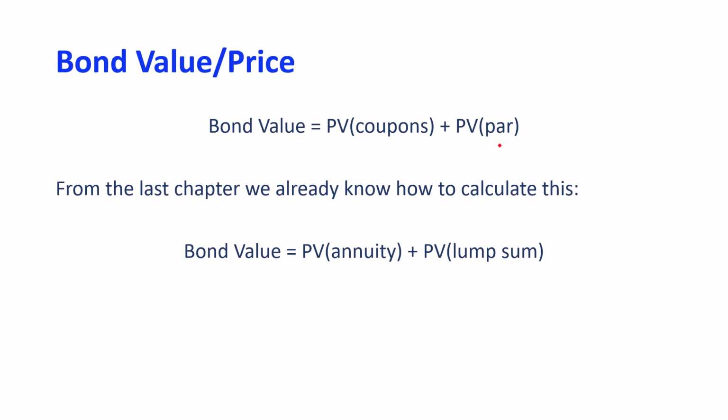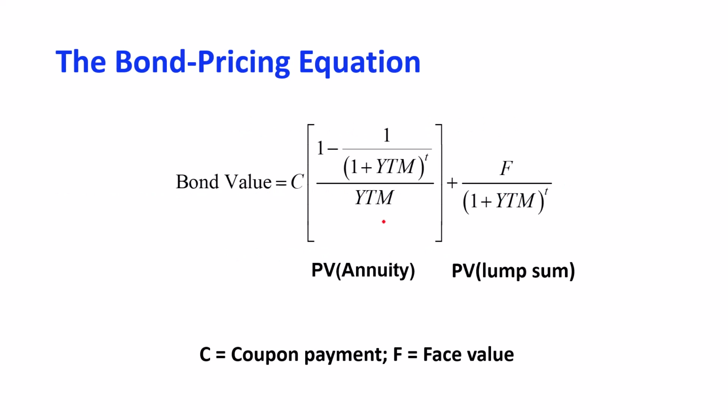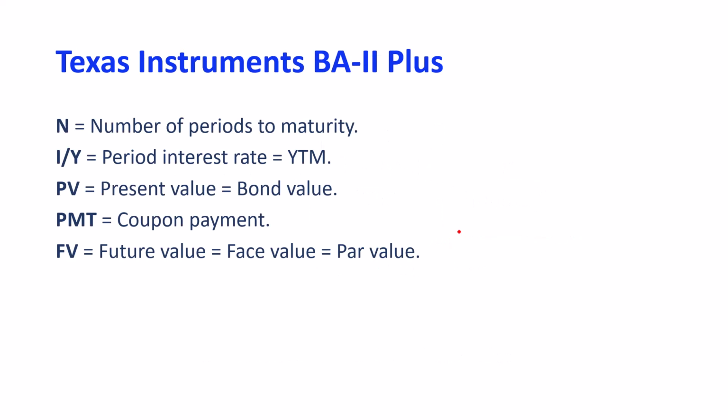All we're doing is we're combining the two. So the first part in this formula shows the present value of the annuity that we learned before, and the second part is the present value of the lump sum.